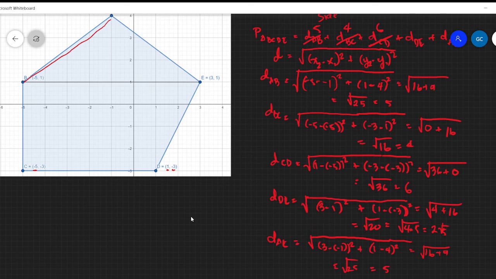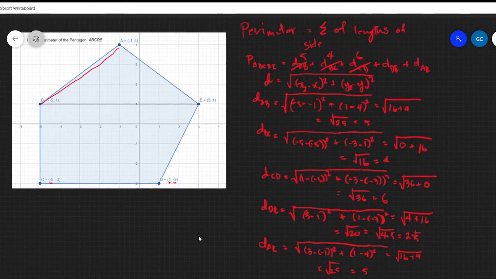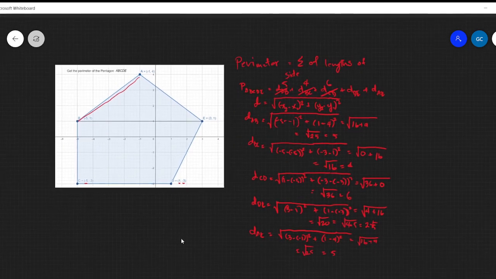So we actually have all the measurements that we need for the computation of our perimeter. For line segment AB, we have 5. For line segment BC, we have 4. For line segment CD, we have 6. For line segment DE, we have 2 square root of 5. And lastly, we have 5 for our line segment AE.